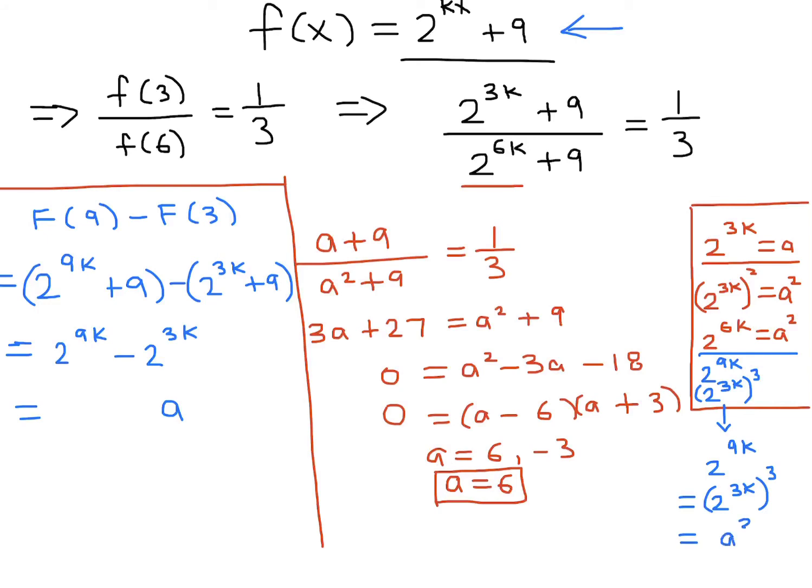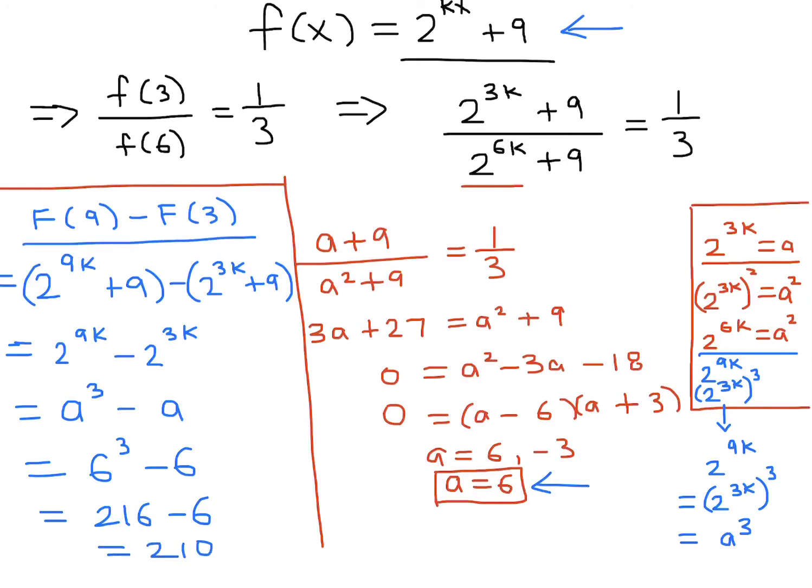So it becomes a cubed, like that. You see how it's a little bit easier to digest. And then a we figured out was 6 right here. So this becomes 6 to the power of 3 minus 6. 6 to the power of 3 is 216 minus 6, and therefore this is equal to 210. Our value for f at 9 minus f at 3.